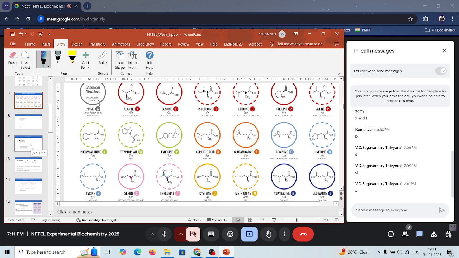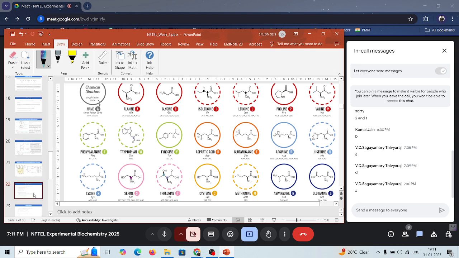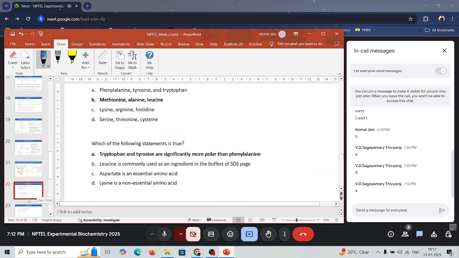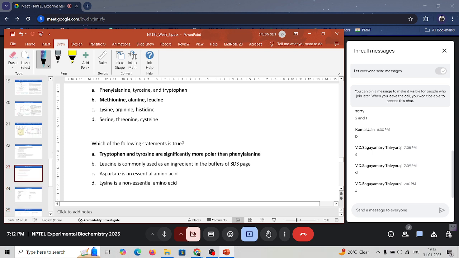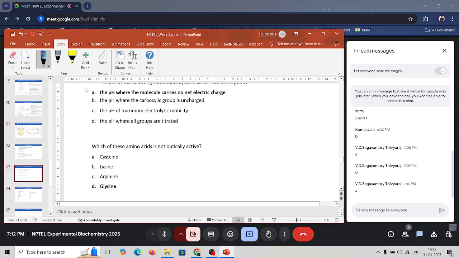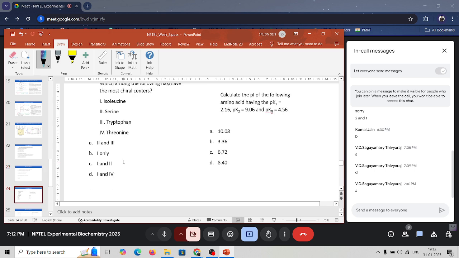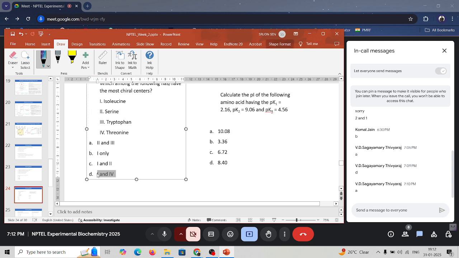Okay, so two for threonine, and isoleucine also has two. So A is not correct, because A is showing 2 and 3. The answer should be 1 and 4. So it is D, isoleucine and threonine.